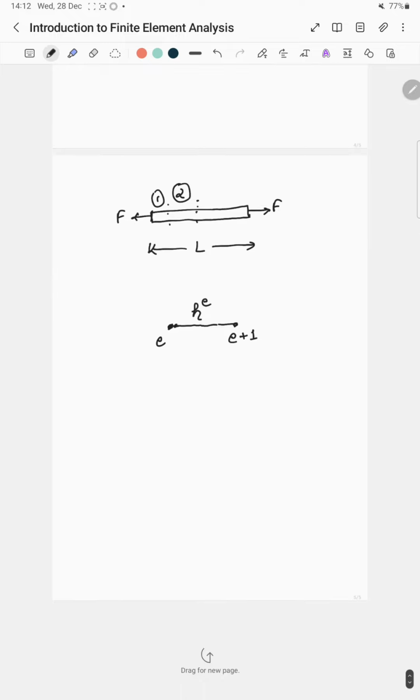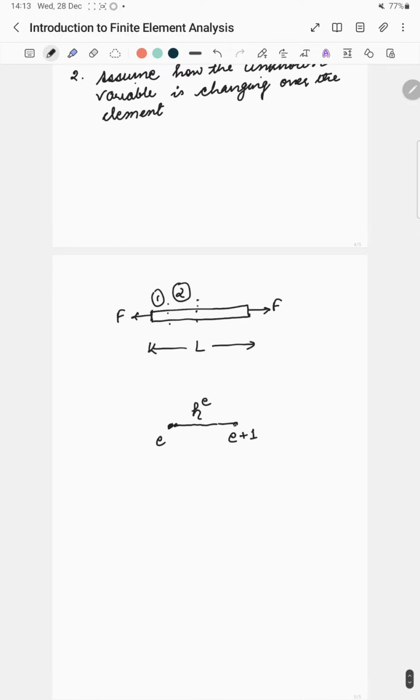Okay, so here we have two nodes of this element. This is a one-dimensional element, and say this first node is numbered E, and the next node is numbered E plus 1, and assume that the length of this element is HE.